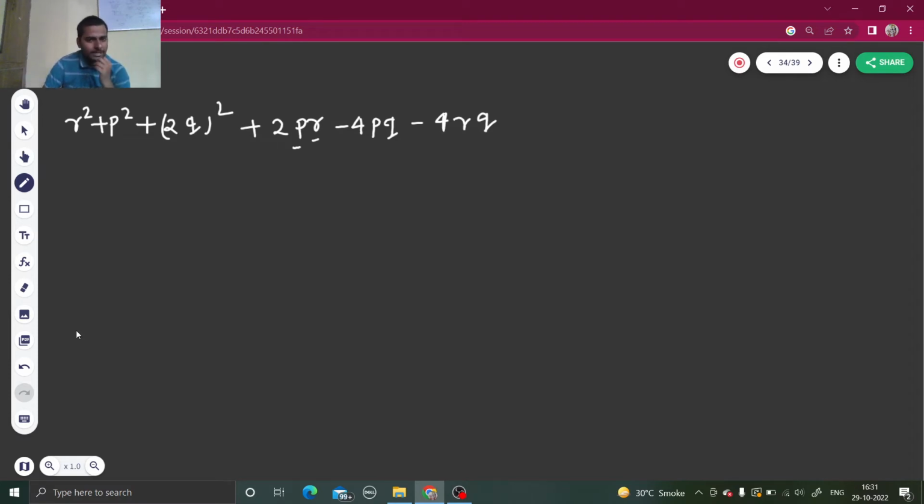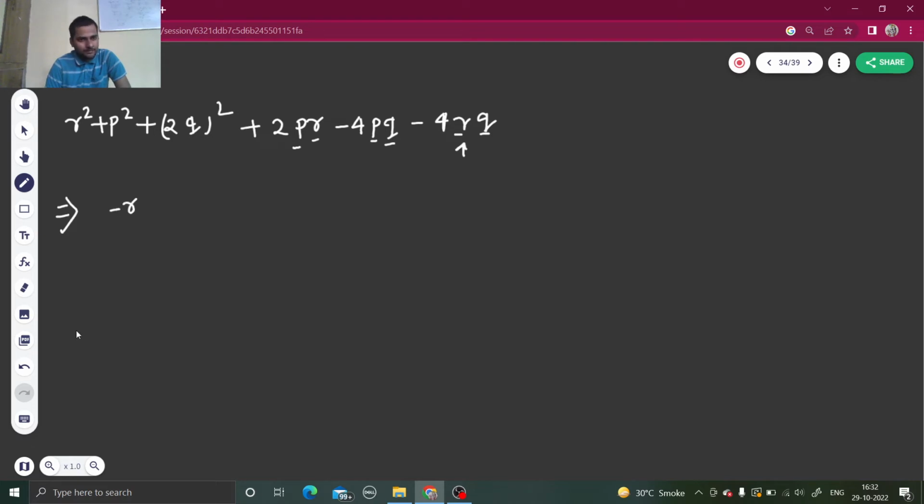If I look at pq and rq, if r would have been negative, let's see the scenario. So we can have either both of p and r negative.